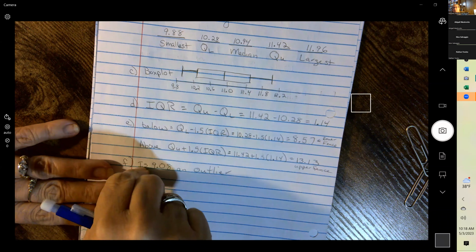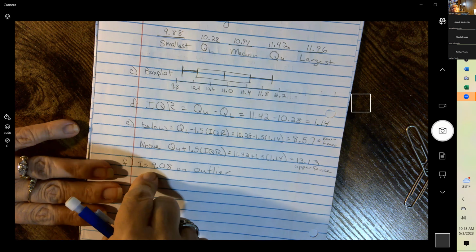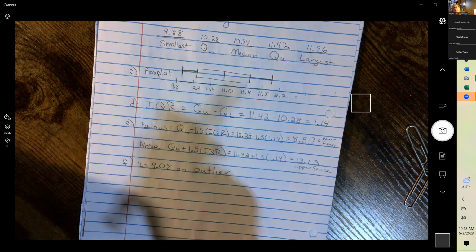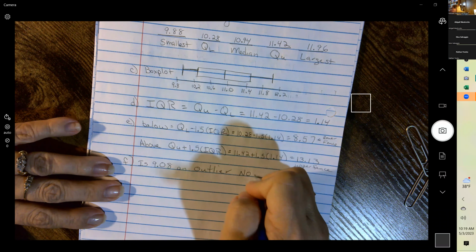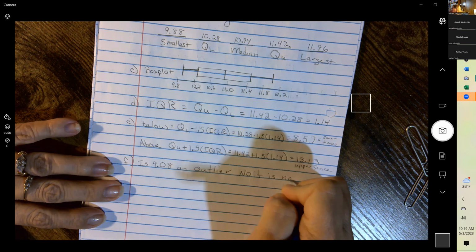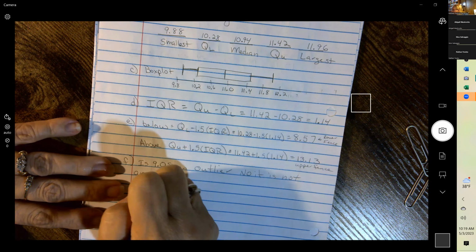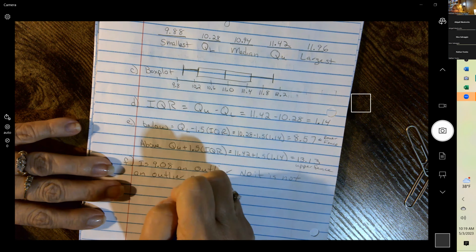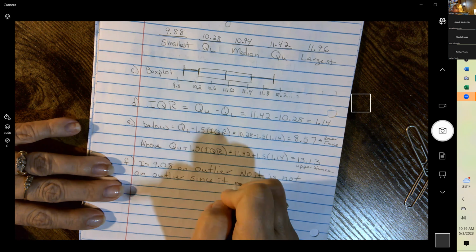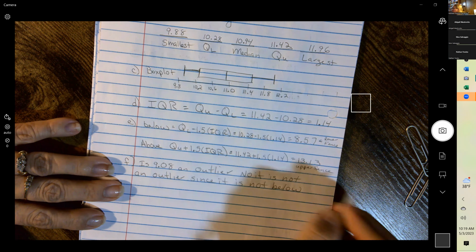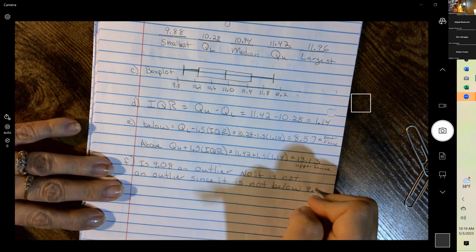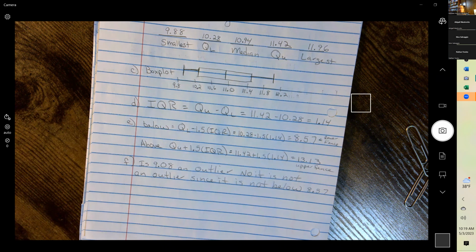So even though this is much lower than our smallest value, it's still not an outlier. It's not below 8.57. Any questions on that?